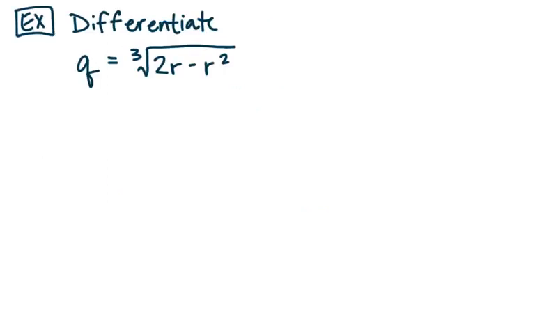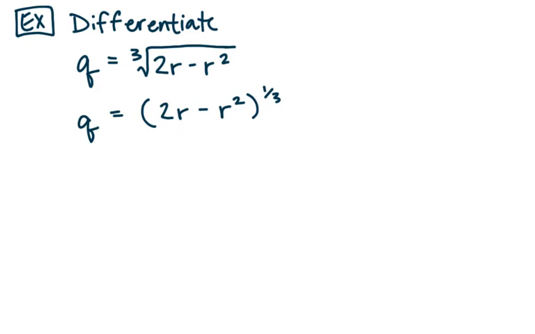For this example, we're going to differentiate q equals the cube root of 2r minus r squared. All right, so dealing with a cube root, one thing we would often do, we'll say we're going to rewrite this, and that is (2r minus r squared) to the 1/3 power.